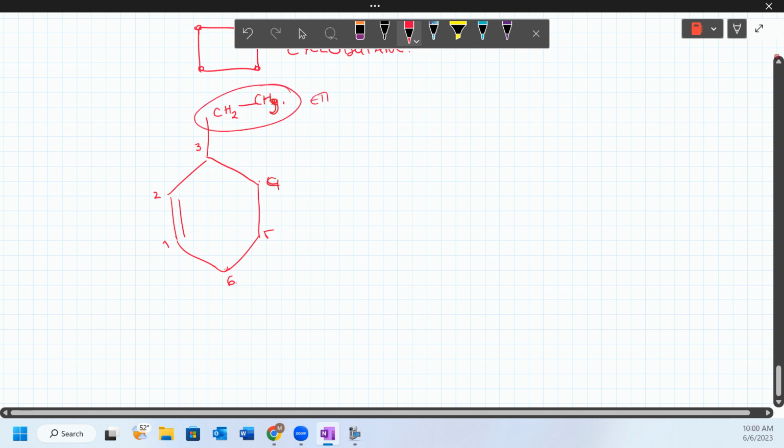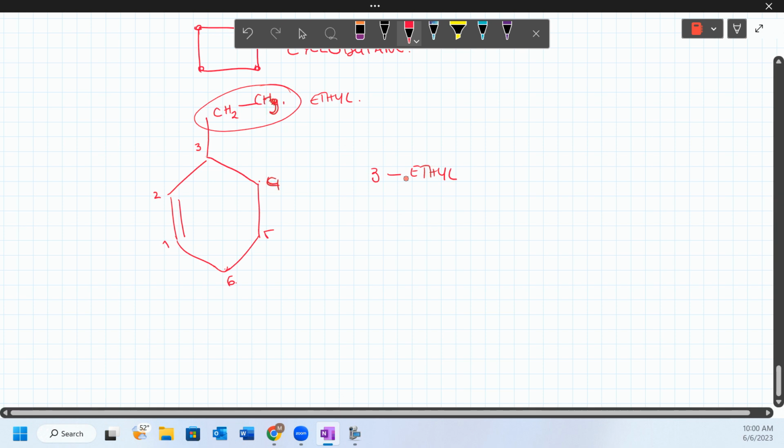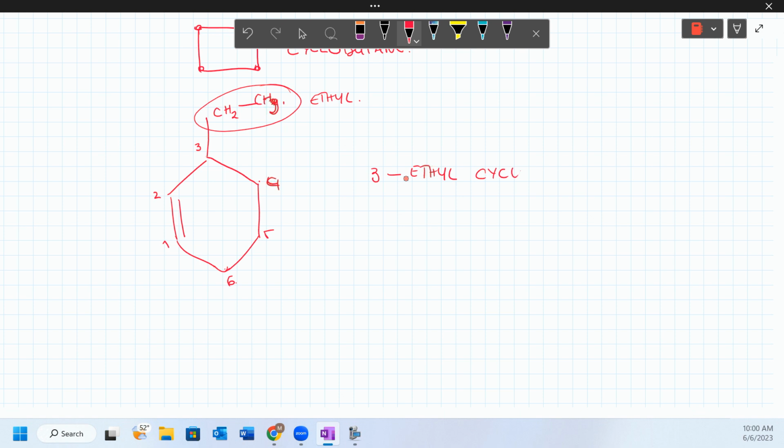In which place is the ethyl? It's on 3. Then 3, dash, the name of the branch, ethyl. And then what do we have here? A cyclic. So cyclo and hexane.